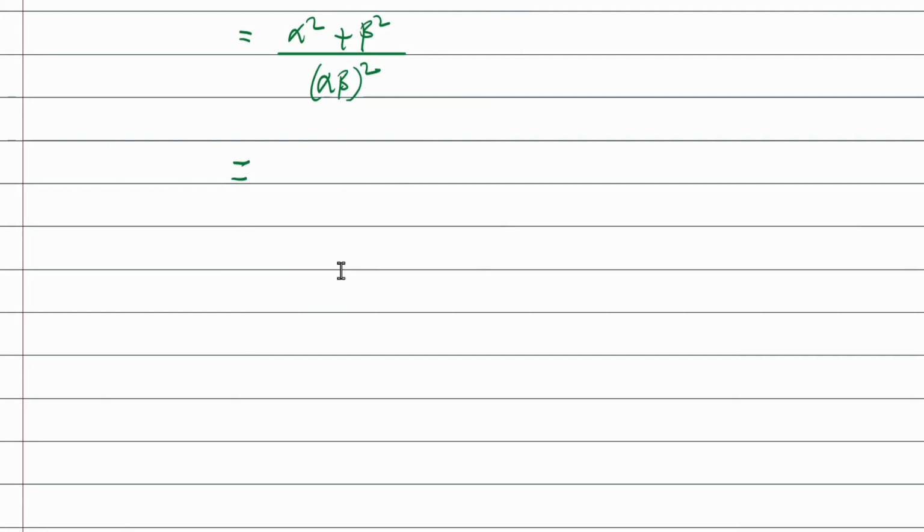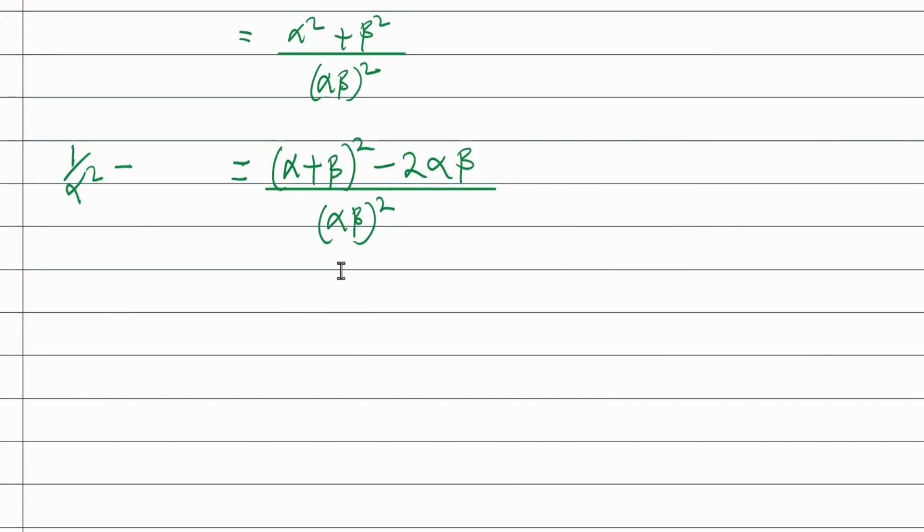We know that from the previous numbers, alpha squared plus beta squared is the same as alpha plus beta, the whole of it squared, minus 2 alpha beta. Then divided by, because of this, alpha beta, the whole of it squared. So this is 1 out of alpha squared plus 1 out of beta squared. So this becomes our answer for part 6.